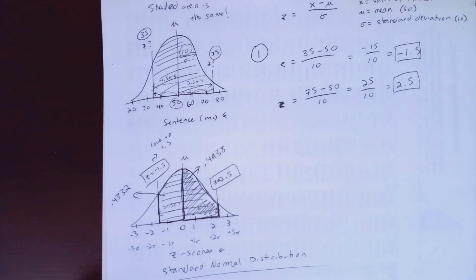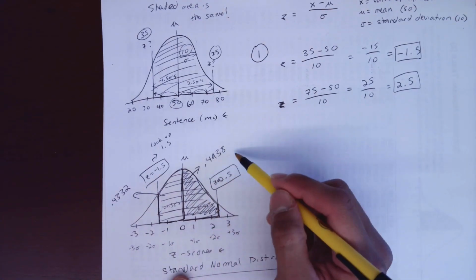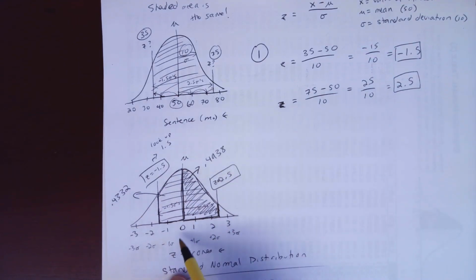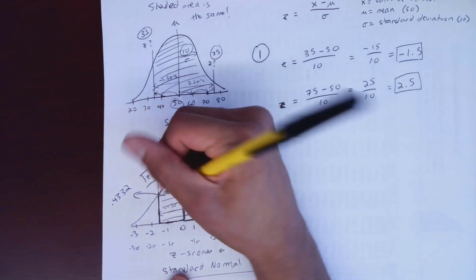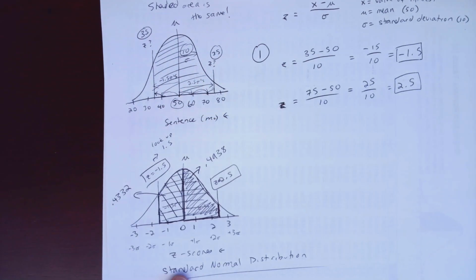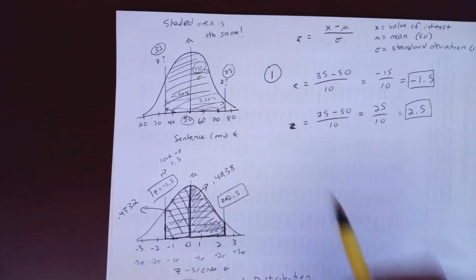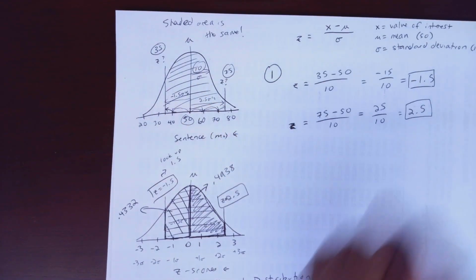So on our standard normal distribution, we know that the area under the curve between 0 and a z-score of 2.5 is 0.4938. We know that the area under the curve between 0 and a z-score of negative 1.5 is 0.4332. We also know that the shaded areas on these two graphs are exactly the same.